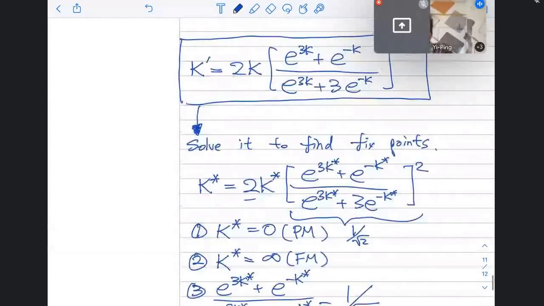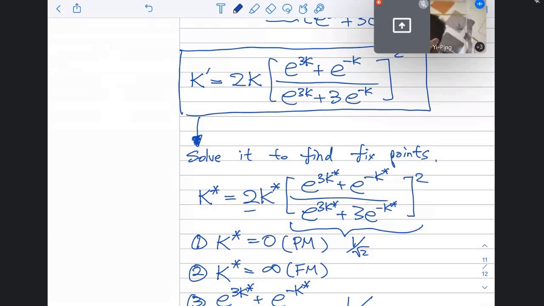But it is just the start of this equation, because once you have this equation, you can also know how the RG flow behaves nearby this particular fixed point. What do I mean by that? If we try to calculate the eigenvalue for reduced temperature, basically what you are doing is taking a derivative of K prime with respect to K, evaluated nearby the K star that you just got.